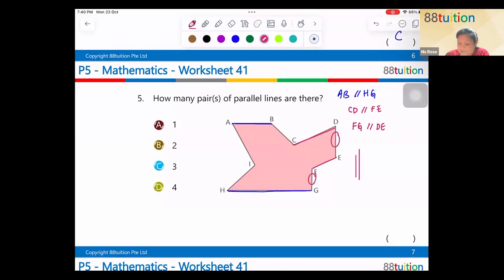BC and FG is not possible, because BC is slanted this way and FG is this way. It's not possible. Okay, BC and FG is not possible.